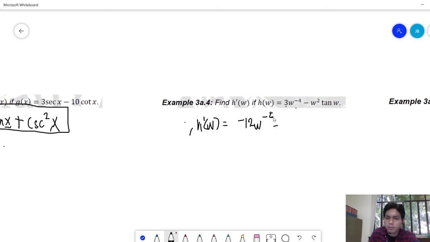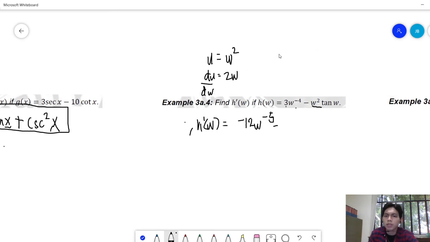Then this one is a product rule: u dv plus v du. So let u equal w squared, du is 2w.